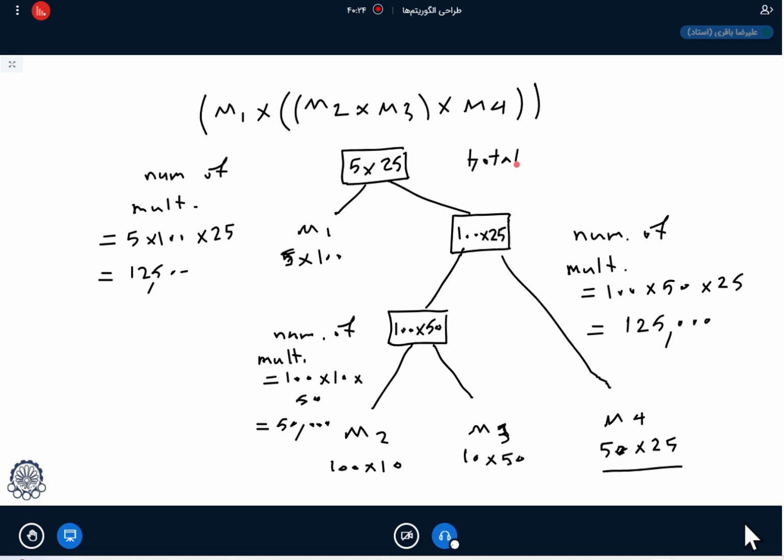So the total number of multiplications will be, we have 50,000 here, we have 125,000 here, and 12,500 here.